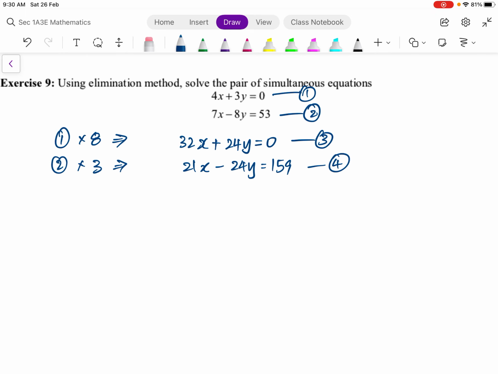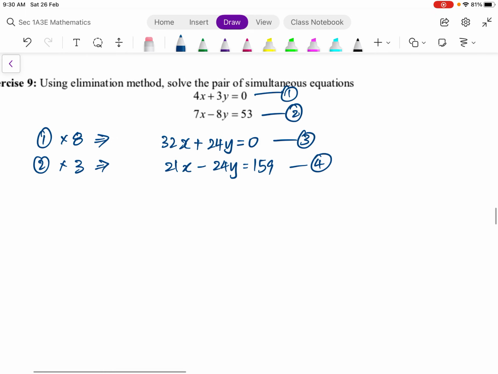So you observe that in these two equations, we have a positive 24y and a negative 24y. So to recap, in order for our y variable to be eliminated, we are going to have to add equations 3 and 4.